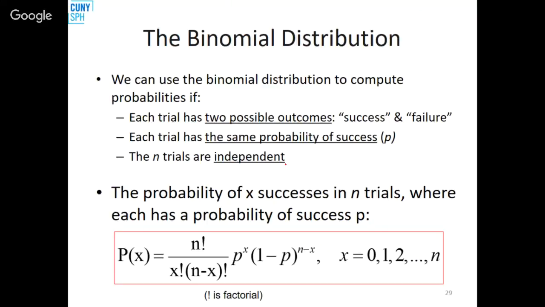Because, by probability of success, I'm trying to think of in what situation you could have them all having the same probability of success, but them not being independent.